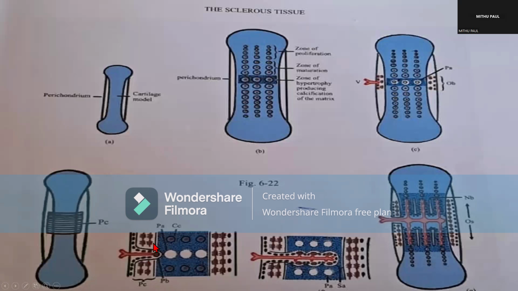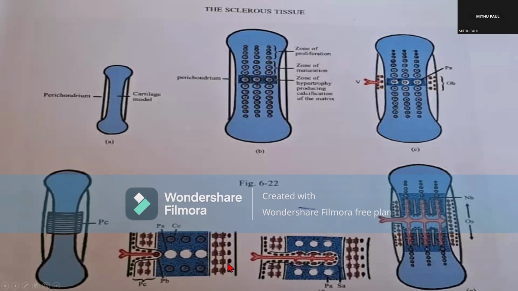Now see, this is a collar of osteoblasts having osteoclasts at its end. Osteoclasts are the bone breaking cells. So they break the calcified matrix formed surrounding the primary areolae and invade inside.